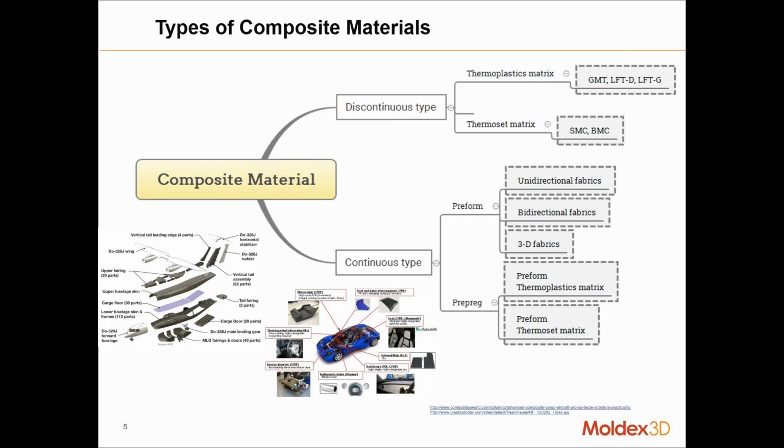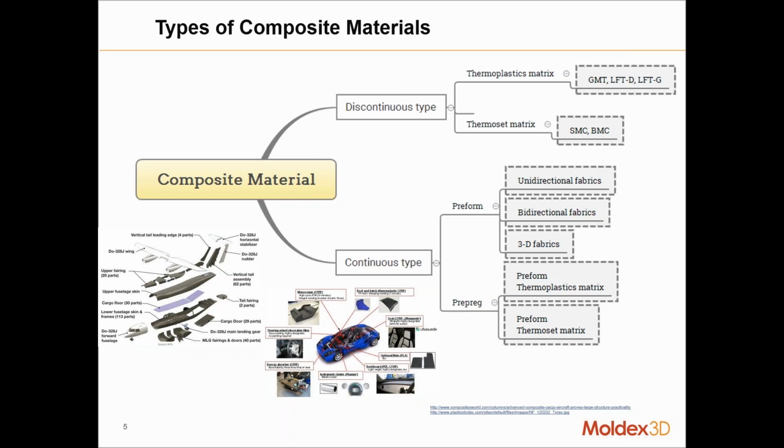So types of composite materials, typically there are two types, your discontinuous and your continuous type. The discontinuous is used in your thermoplastics, like your injection molding process, or even compression molding of thermoplastics.